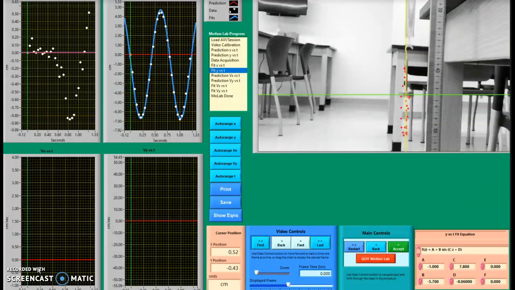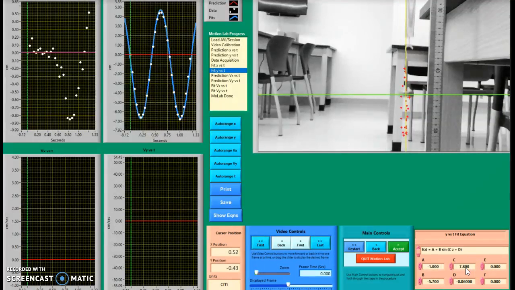So we multiply 1.25 times 2, and then multiply that by 3.14. If you do that, you'll notice that we get 7.85. And notice how here I fit c as 7.8, so that's pretty close.